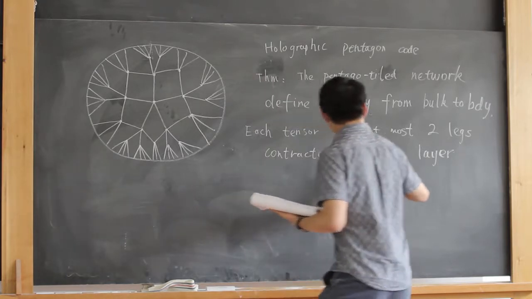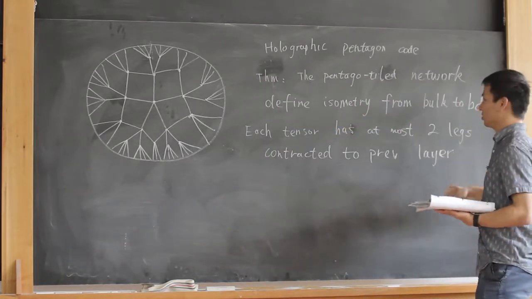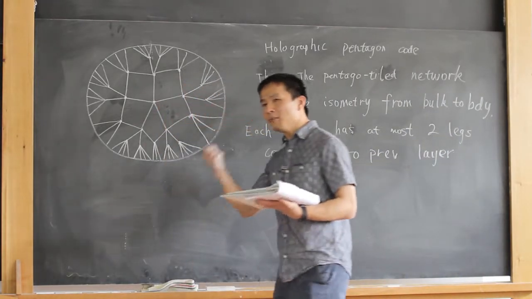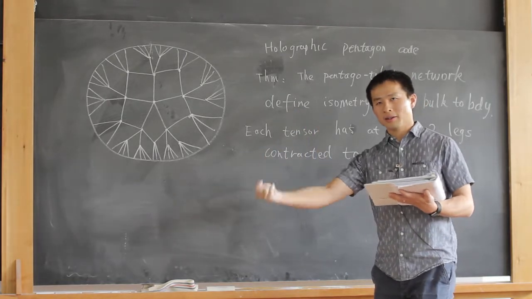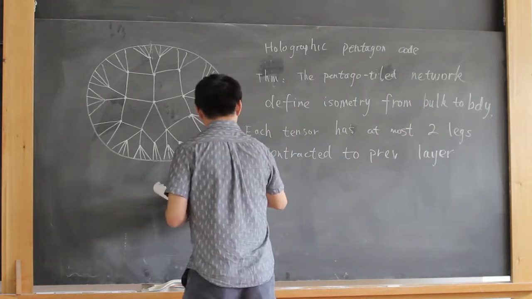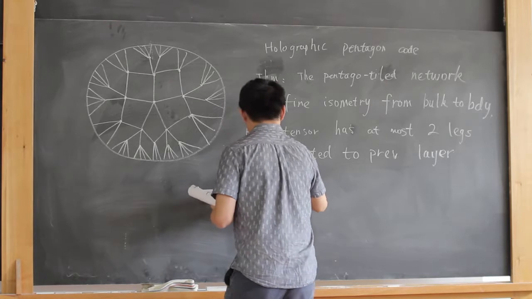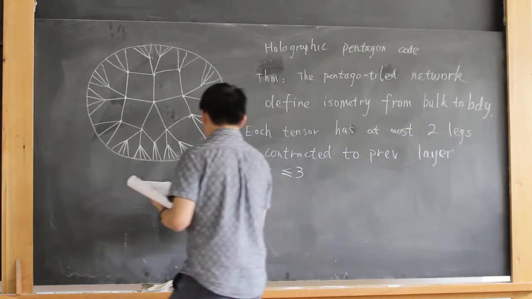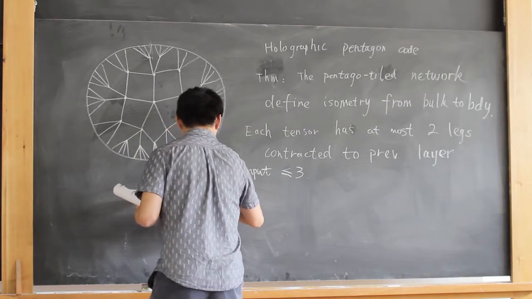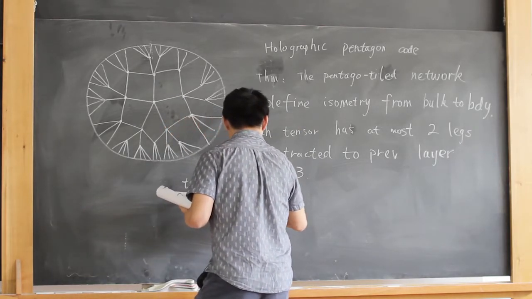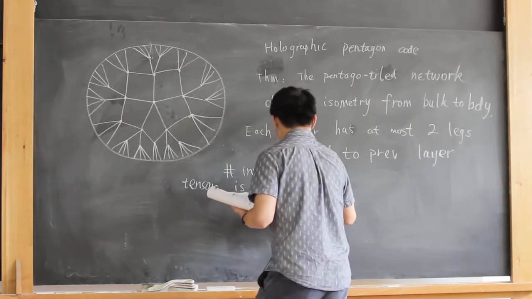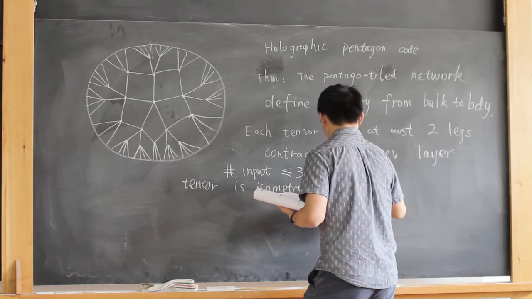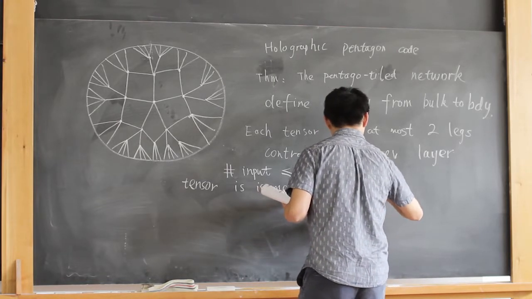Now, we already have at most 2 contracted to the previous layer, and on each tensor, we also have an input coming from the dangling leg. So that means the total number of inputs for each tensor is going to be less than or equal to 3. And this means that each of the tensors can be regarded as an isometry from its input to the output.